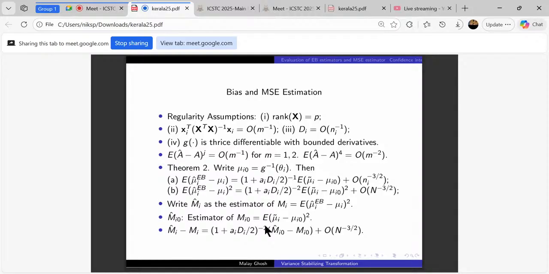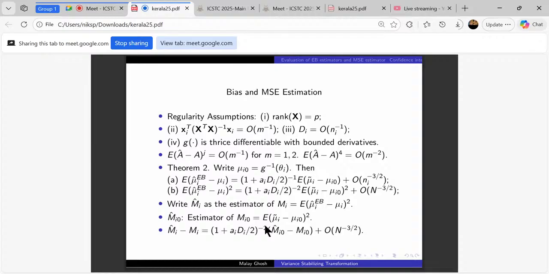Then uniform asymptotic negligibility, that is, the condition that x_i transpose (X transpose X) inverse x_i is of order n inverse. D_i is of order n_i inverse, of course, because of the square root transformation. Another condition is that g is thrice differentiable.